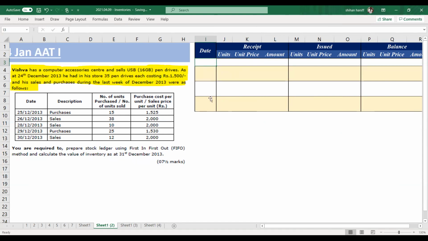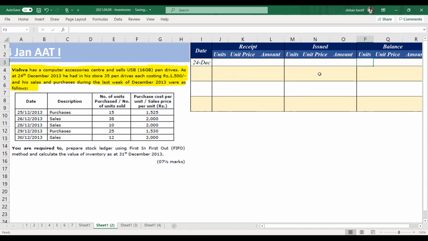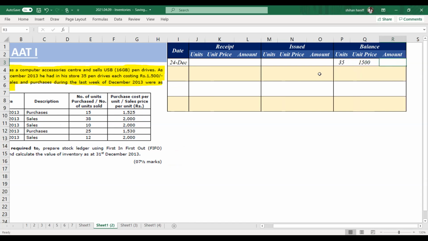So first, the balance on 24th December. Balance was 35 pen drives at 1,500 rupees each.